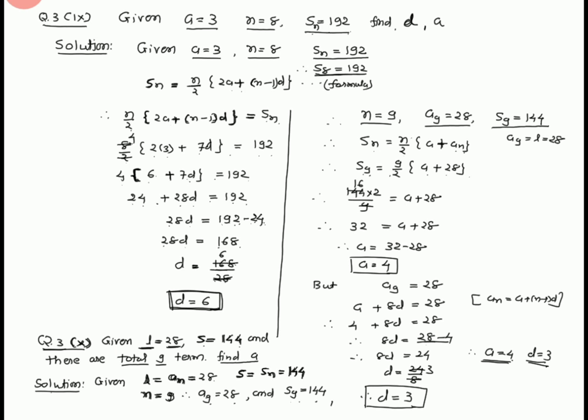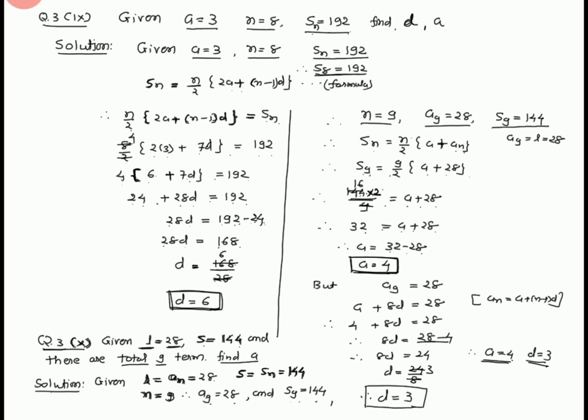We know S9 equal to 144. Cross multiplication: 144 into 2 upon 9 equal to a plus 28. 9 sixteens are 144. 16 into 2, 32, equal to a plus 28. Therefore a equal to 32 minus 28, a equal to 4. This is the required answer.